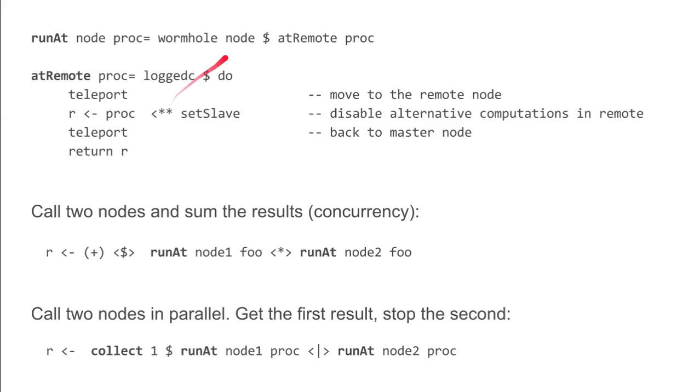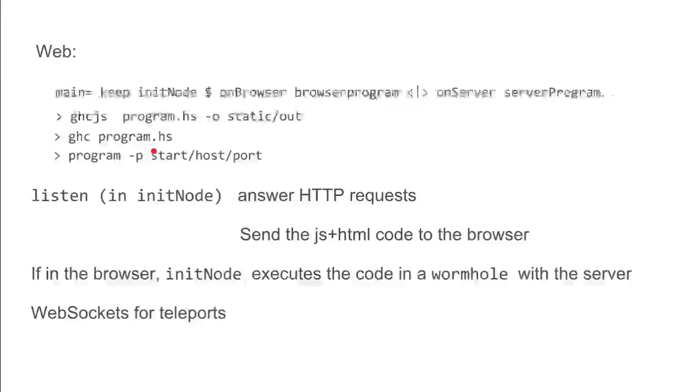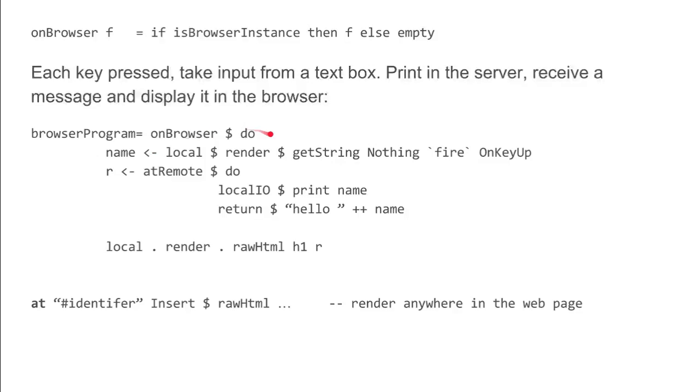That is because we have a wormhole already open. So the operation in the server prints the name and returns hello name. So we have this back in the browser and render what the server has returned.